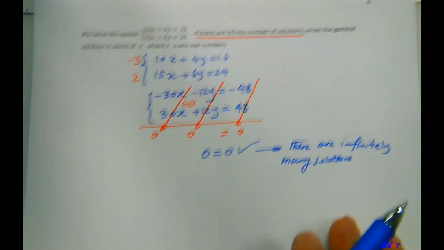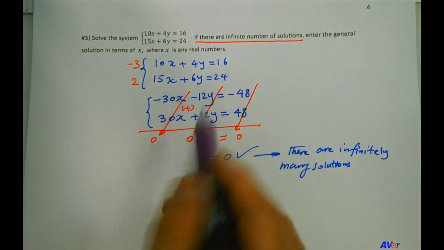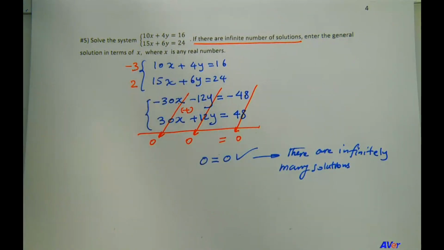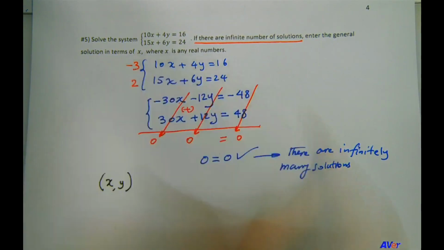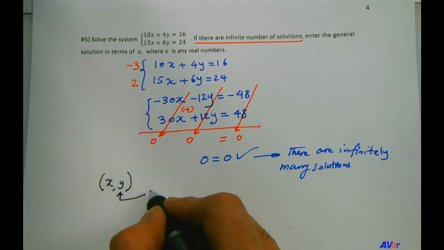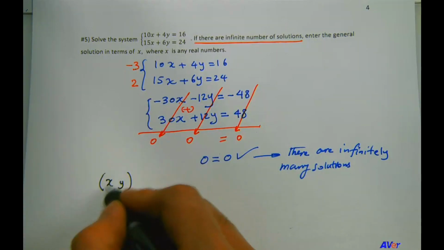Okay, so what they're asking us is, for the solution x comma y for these infinitely many solutions, write this solution in terms of x. So x is already x, so we don't have to do anything here.